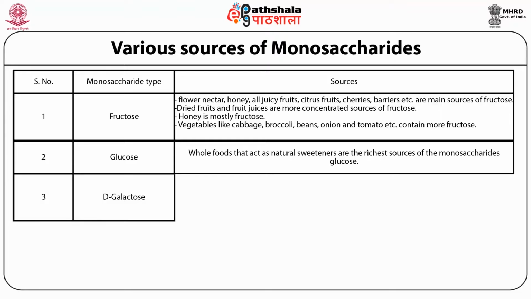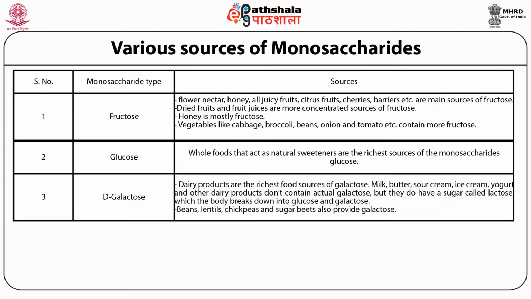D-galactose is very important and it is rich in dairy products like milk, butter, sour cream, ice cream, yogurt and other dairy products. Basically, the dairy products contain lactose, not galactose, because lactose is made up of glucose and galactose. After hydrolysis, lactose breaks down into glucose and galactose.